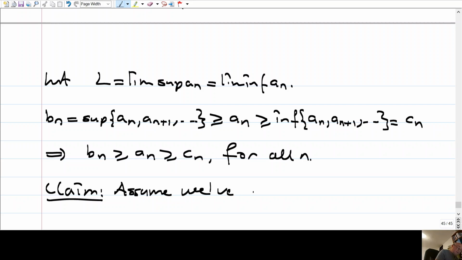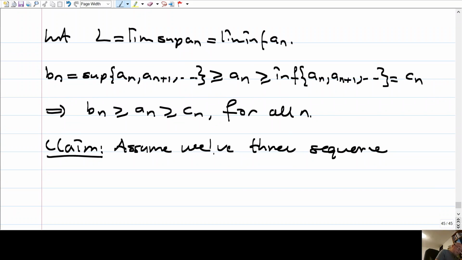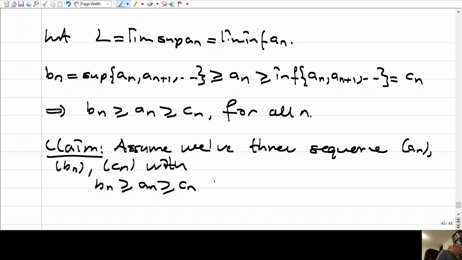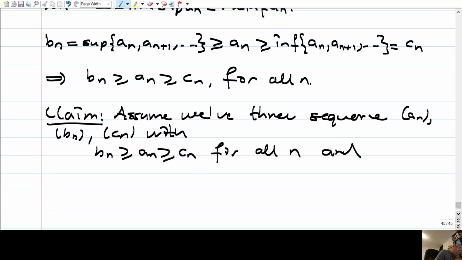We have three sequences, an, bn, cn, with bn greater than or equal to an, greater than or equal to cn for all n, and limit bn is equal to limit cn equals l.